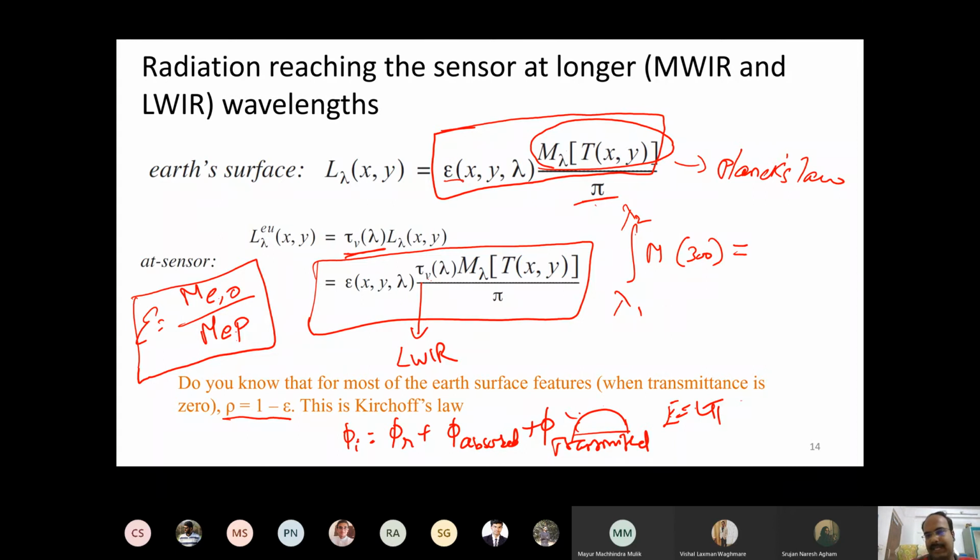Land surface will not transmit energy, so transmittance will be essentially 0. So incoming energy should be either reflected or absorbed. What Kirchhoff's law says is that good absorbers are good emitters; they will be more or less equal. If an object absorbs 10% of energy, it will also emit 10% of energy.